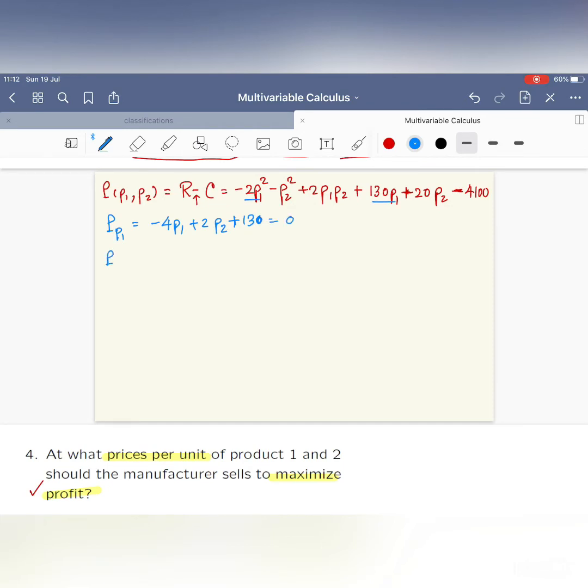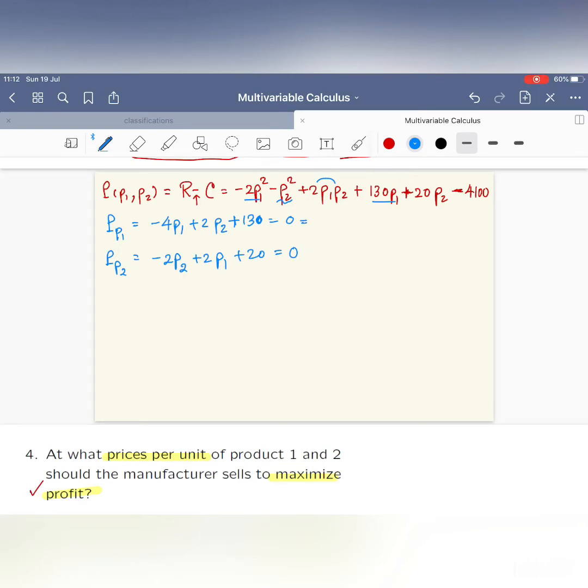And the derivative of the profit with respect to the second price, here you have negative 2 P2, you get here 2 P1 and 20, make it equal to 0.